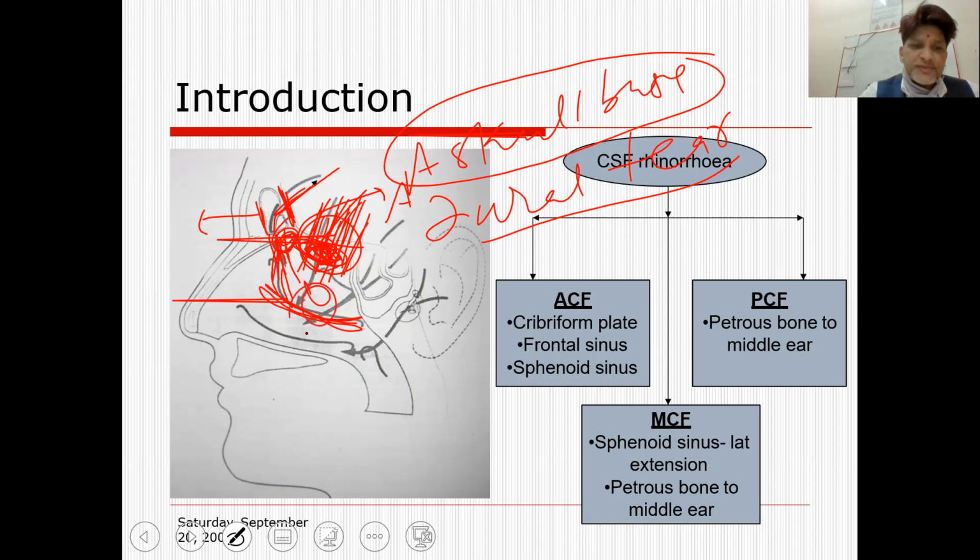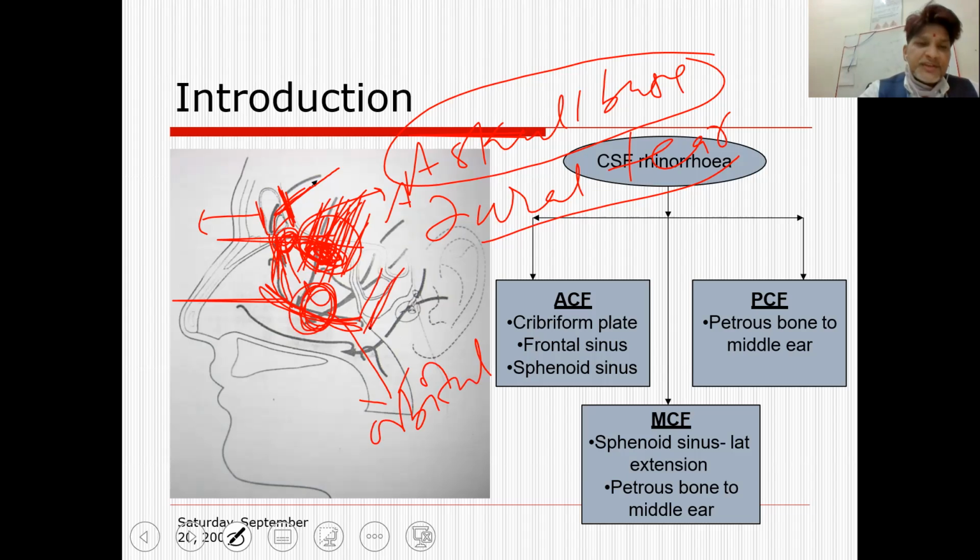The middle part of the middle turbinate is attached to the orbital plate, which is called the lamina papyracea, and the posterior part articulates with the horizontal plate of the palatine bone. So the posterior edge is free.